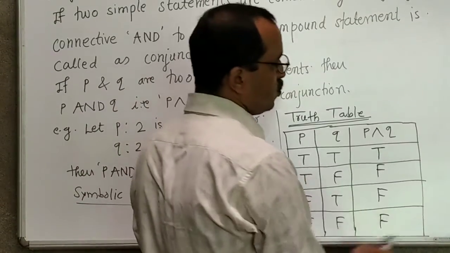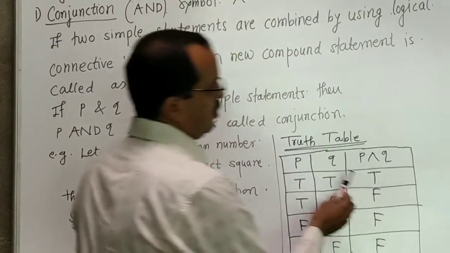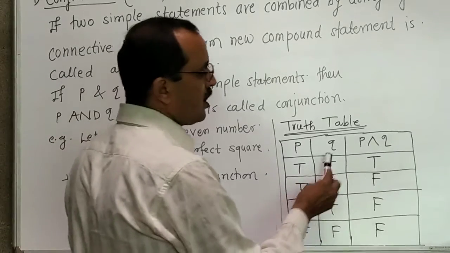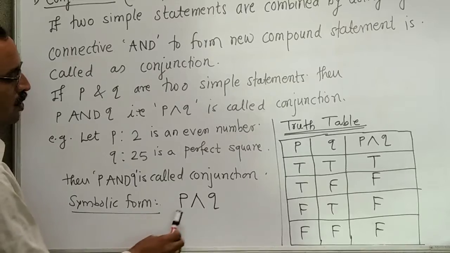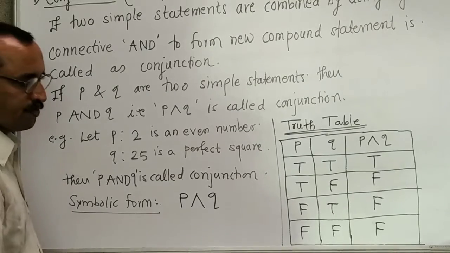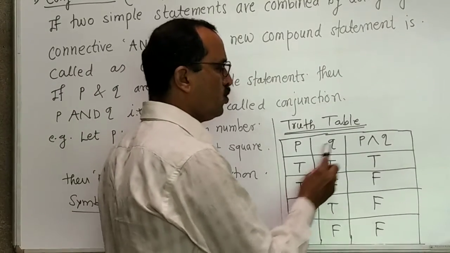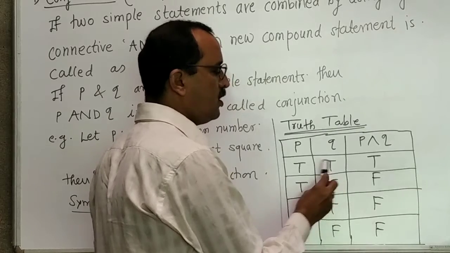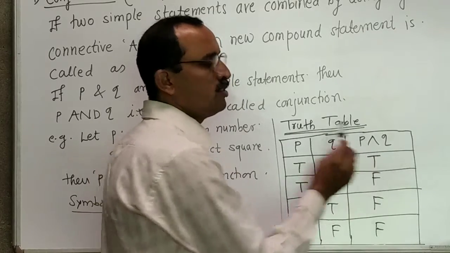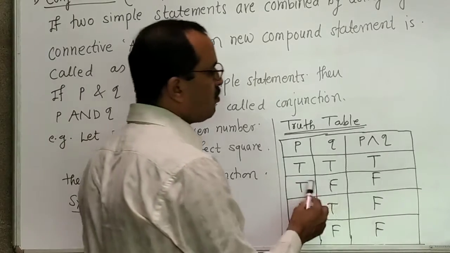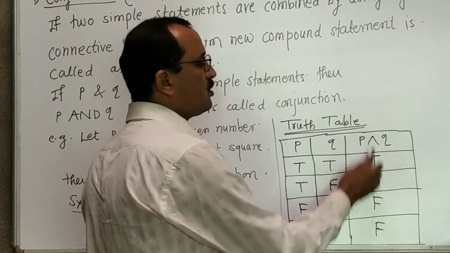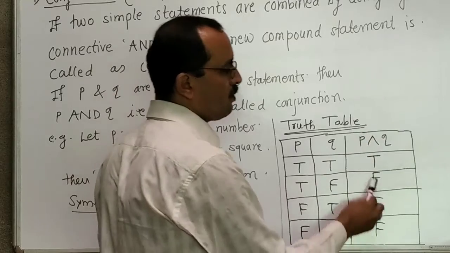The truth table shows that if both the statements are true, then the resultant conjunction is true. Means P is true, Q is true, then P and Q is true. In the remaining three possibilities, the resultant statement P and Q is false.